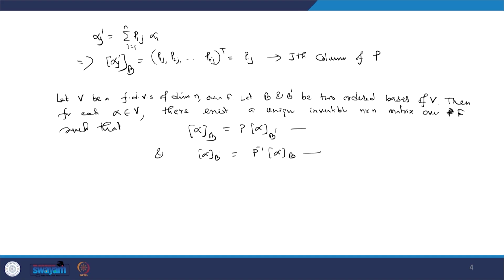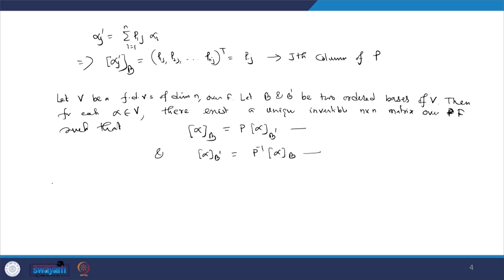Then does there exist an ordered basis B prime such that the coordinate matrix of any vector alpha with respect to ordered basis B will be equal to P times the coordinate matrix of alpha with respect to that ordered basis B prime? That is the question. The answer is again yes, one can have a second ordered basis if an invertible n cross n matrix is given to us, which of course has to be defined over the corresponding field.